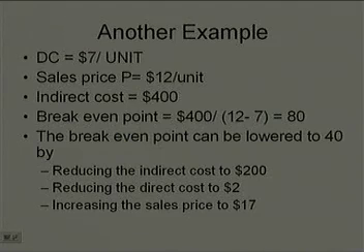In the first case, I reduce the indirect cost. Let us say $400, somehow I am able to make it $200. So, once you are able to control the cost and bring the indirect cost to $200, you will find that your revised break-even point would now be 40 units.